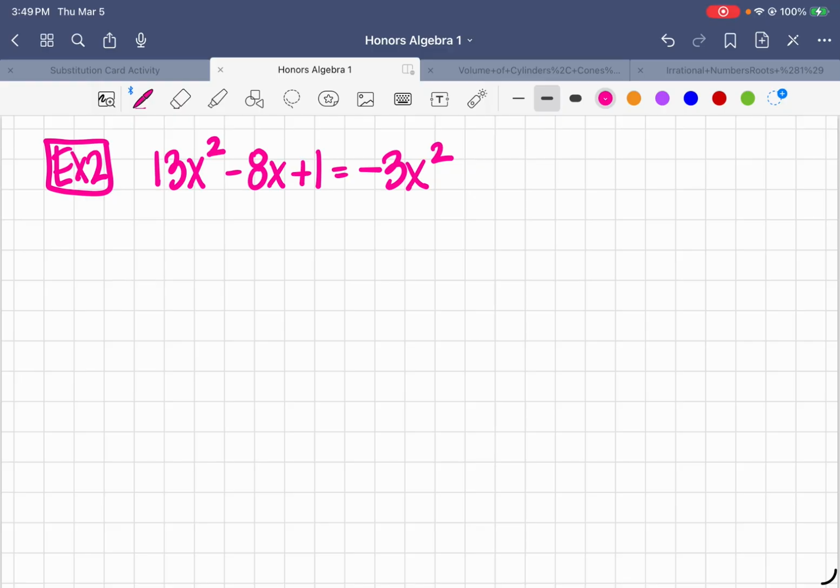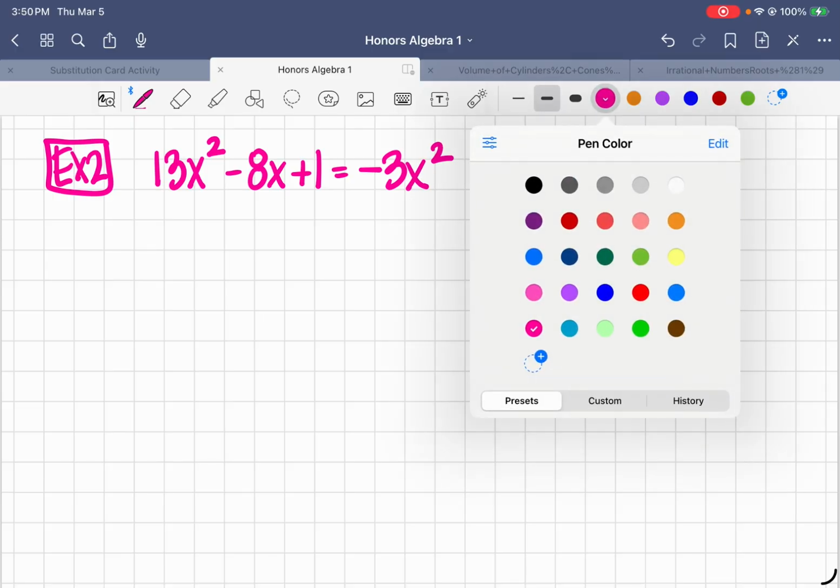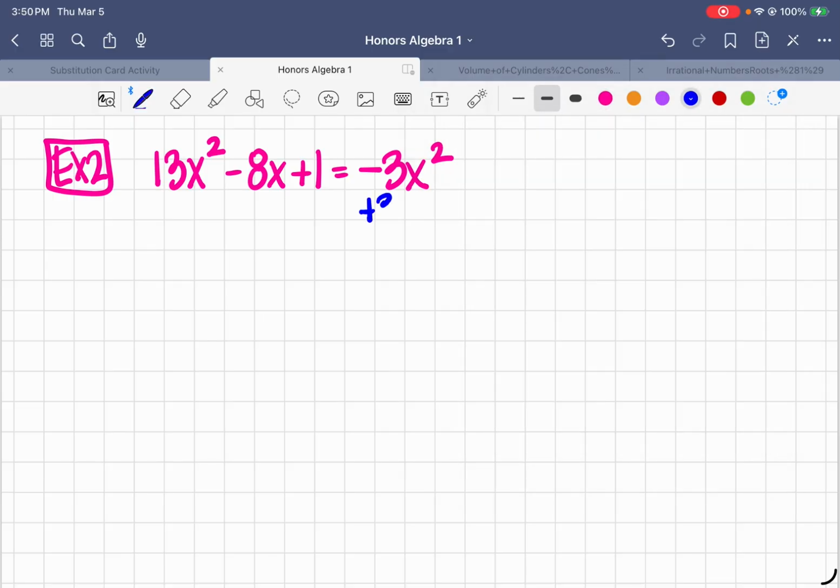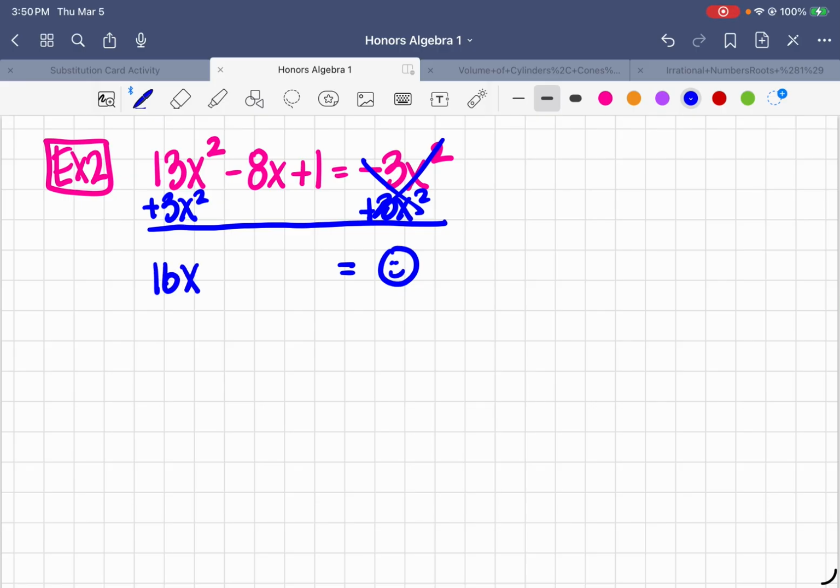We don't have a 0. Can't make a happy face. So the first thing we need to do is add 3x squared to both sides. I cannot use it until I can equal 0 and draw that happy face. So these make 16x squared minus 8x plus 1.